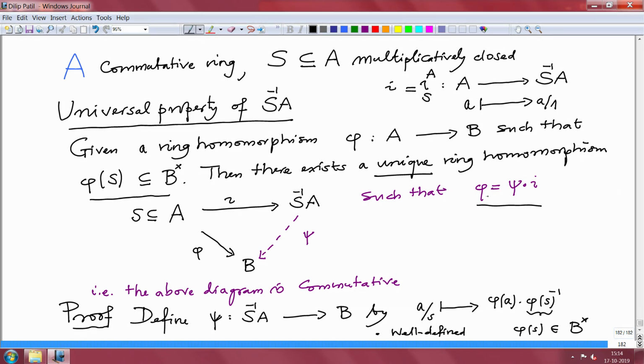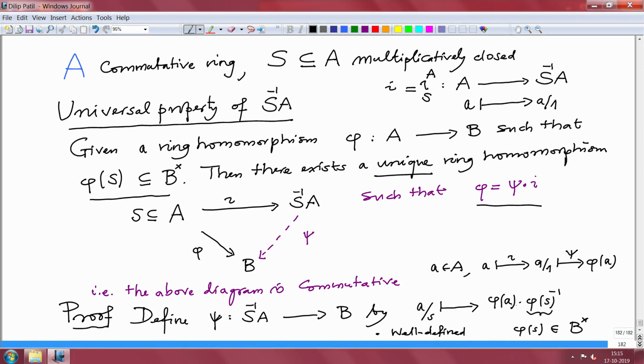To check this condition, take any a in A, and I am evaluating iota of a. So a goes under iota to a by 1, and from here, psi by our definition goes to phi of a and phi of 1 inverse, but phi of 1 goes to 1. So 1 inverse is 1, so this will go to phi of a.